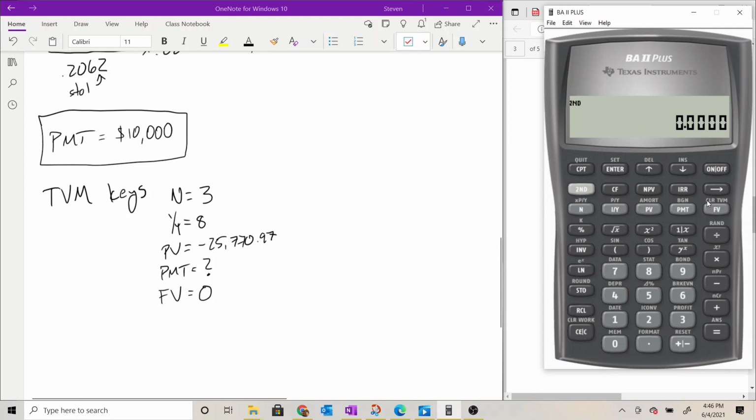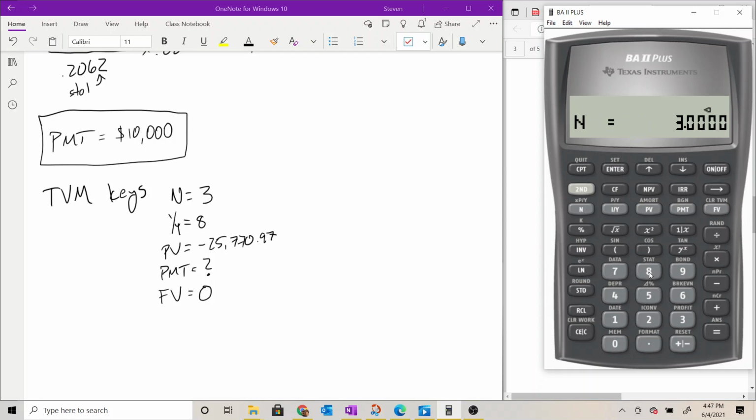I'm going to start, as always, by hitting second clear TVM to 0 out all the values on the time value money keys. And then we can enter these guys. N is 3, so we'll press 3, and then press N to store it. And we can see our sideways triangle, our decimal places, and the equal signs. We know it's stored.